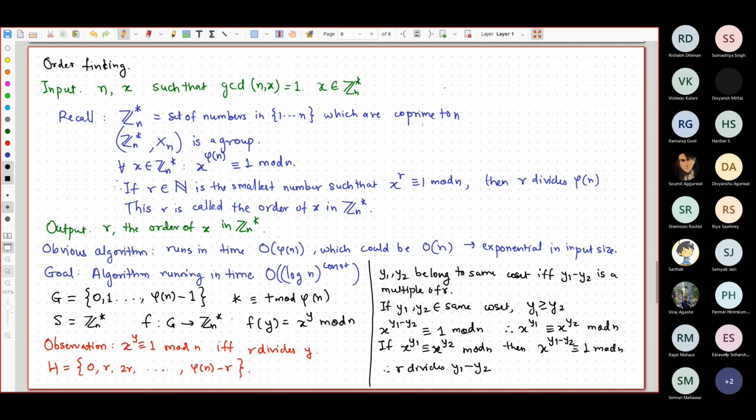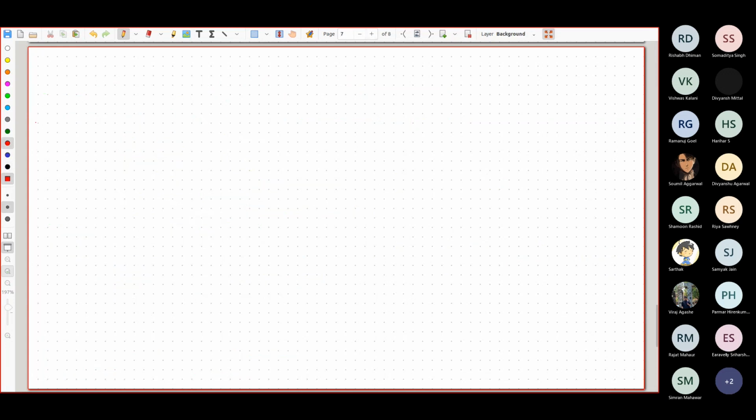So this gives a fast quantum algorithm to find the order of an element x in Zn star. And then, as Aval said, I'll just state this as a fact; I'm not going to go into the details.